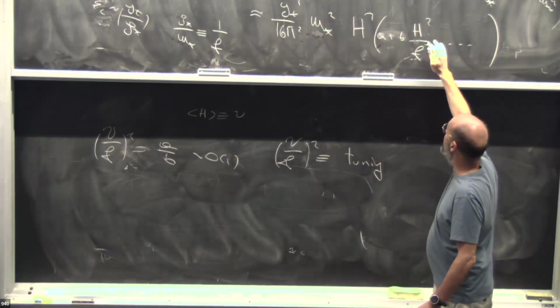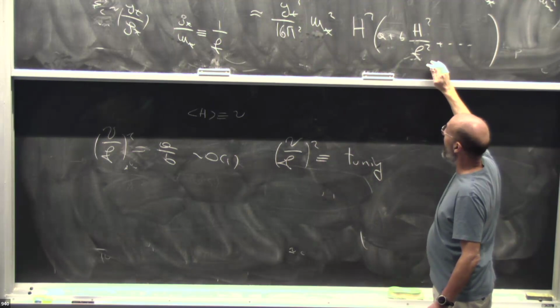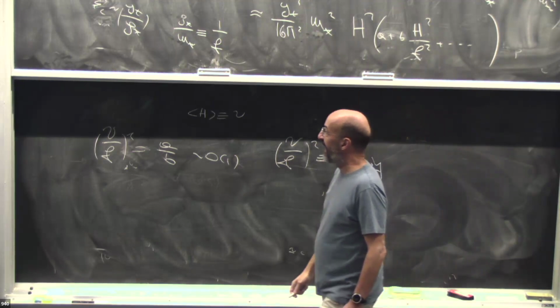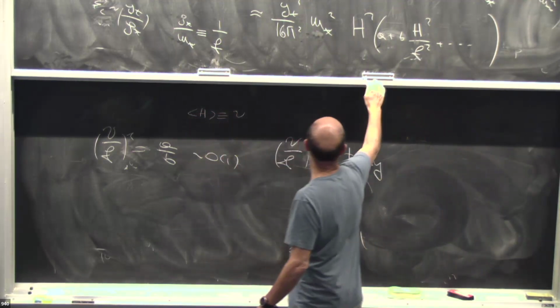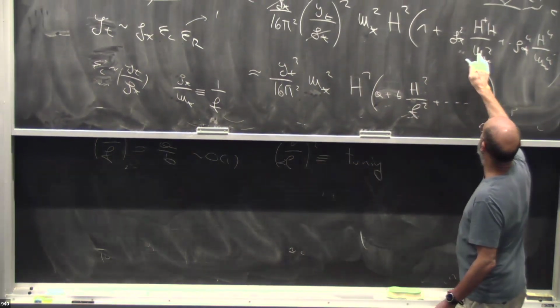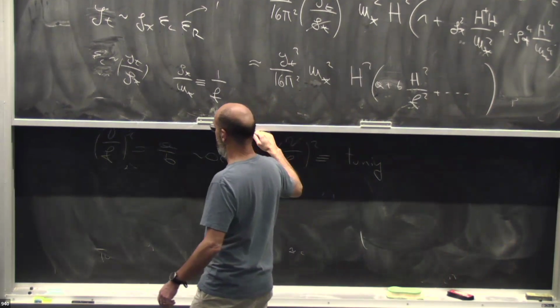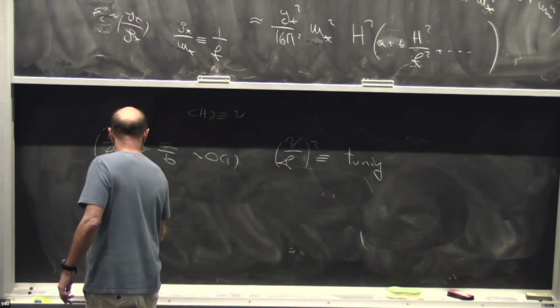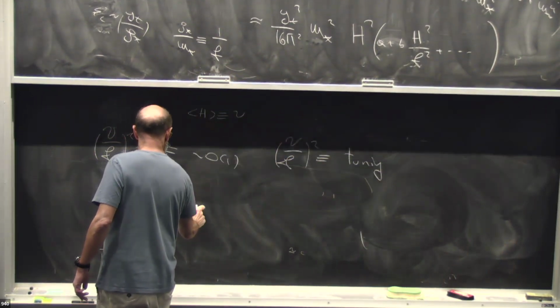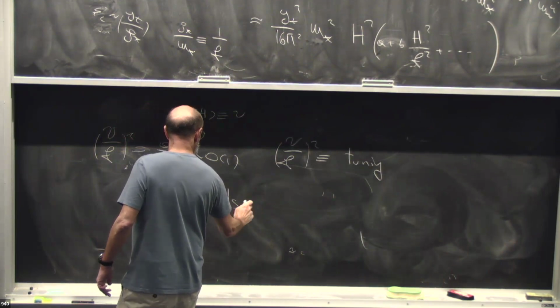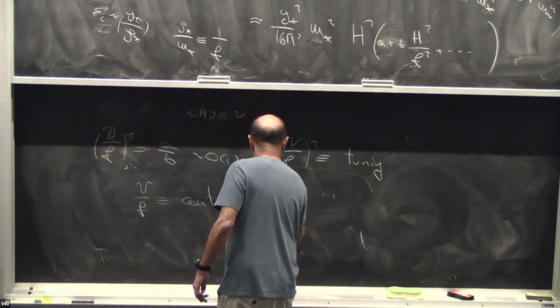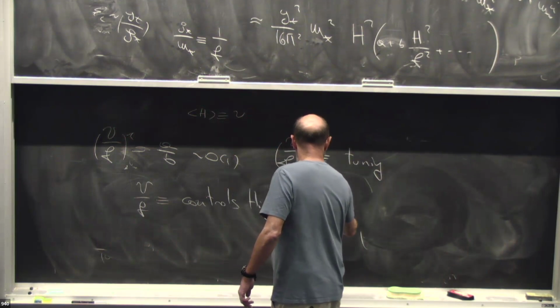But then this also predicts that V over F is of order 1. And as you see, this V over F here is what controls, everywhere, the Higgs nonlinearities.